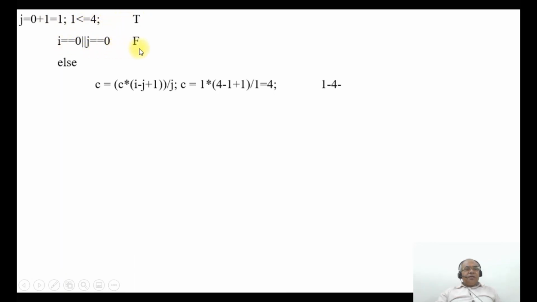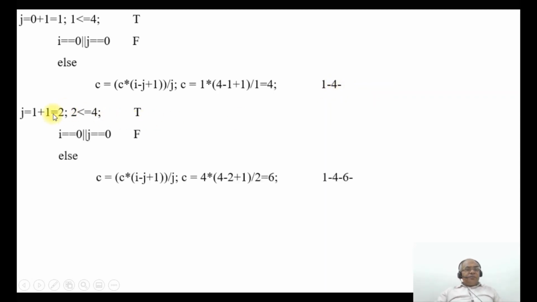Both I and j are not 0, so it is false, else the c value is the previous value of c, 1, into the I value 4 minus the j value 1. So 4 minus 1 plus 1, the entire thing divided by 1 because the j value is 1. 4 minus 1 is 3, 3 plus 1 is 4, 4 into 1 is 4, by 1 is 4, so 4, it gives 1 space.